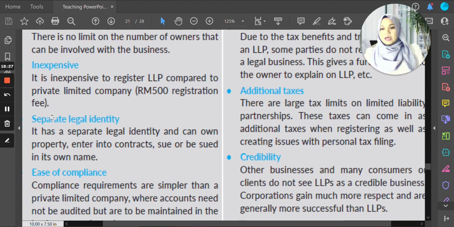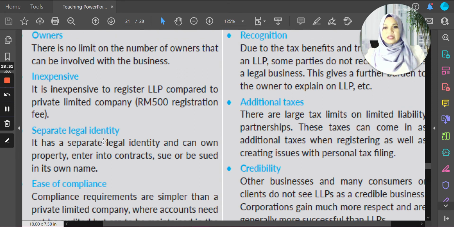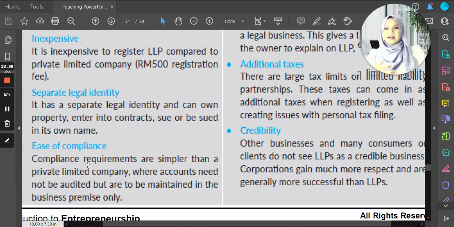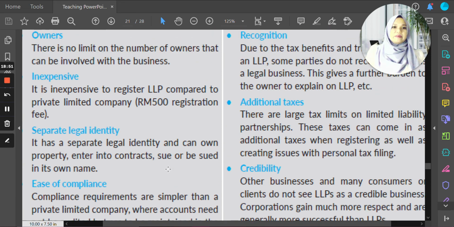Another good thing about the LLP is that it's a separate legal entity, so you can have the partners separate from the business itself. And ease of compliance: compliance requirements are simpler than a private limited company, where accounts need not be audited, but you are required to maintain them at the business premises only.